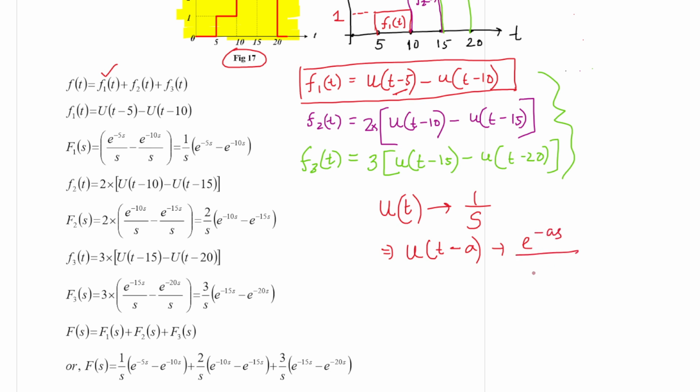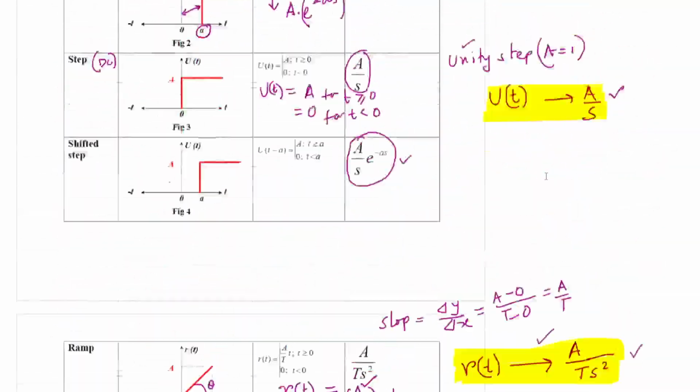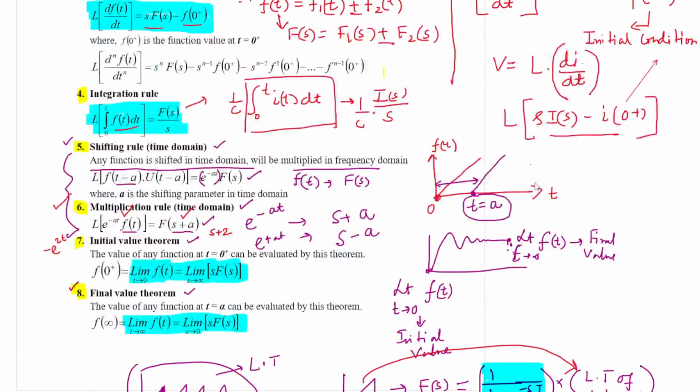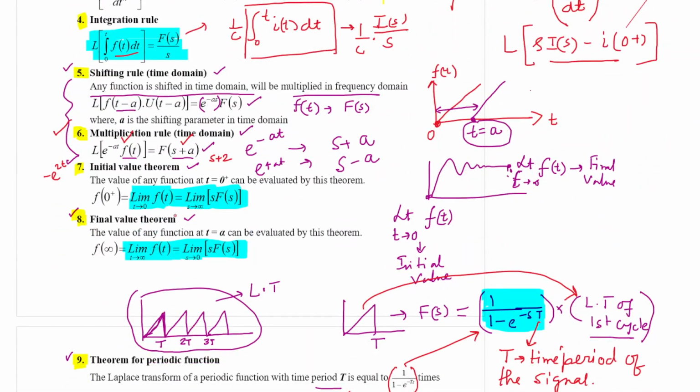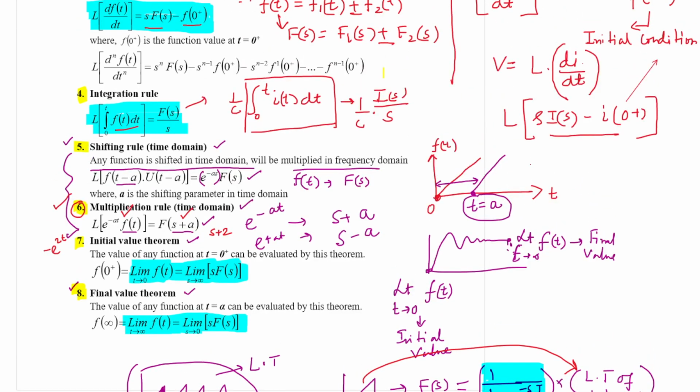It is just reverse. Okay, the property we observed in the last session, that is property number 6. Now when you are dealing with this function, you see, it is shifted in the time domain, and that is property 5.